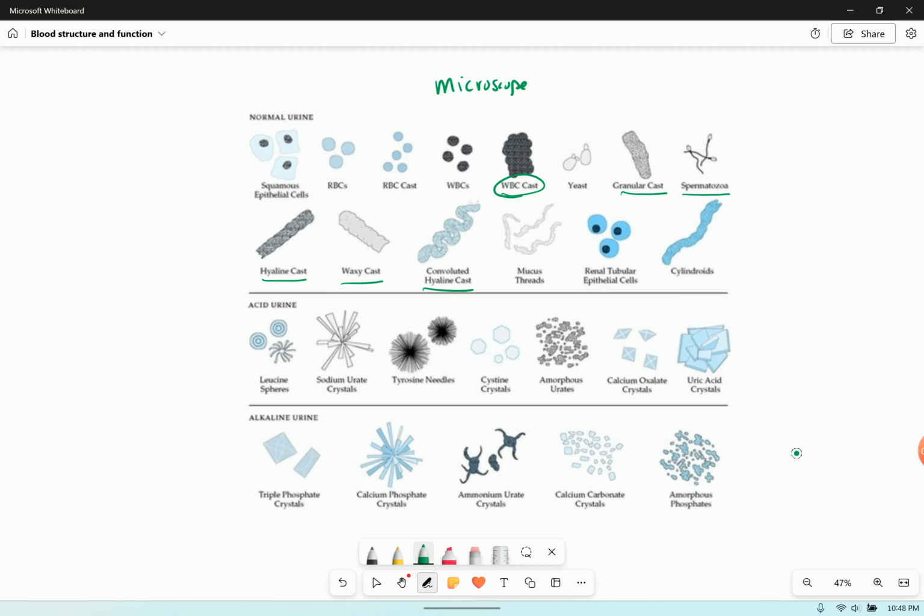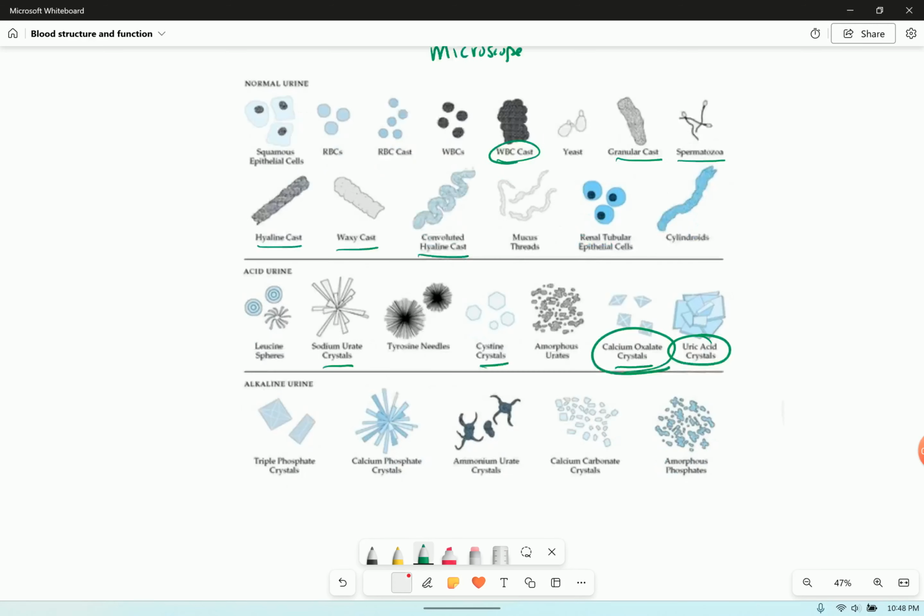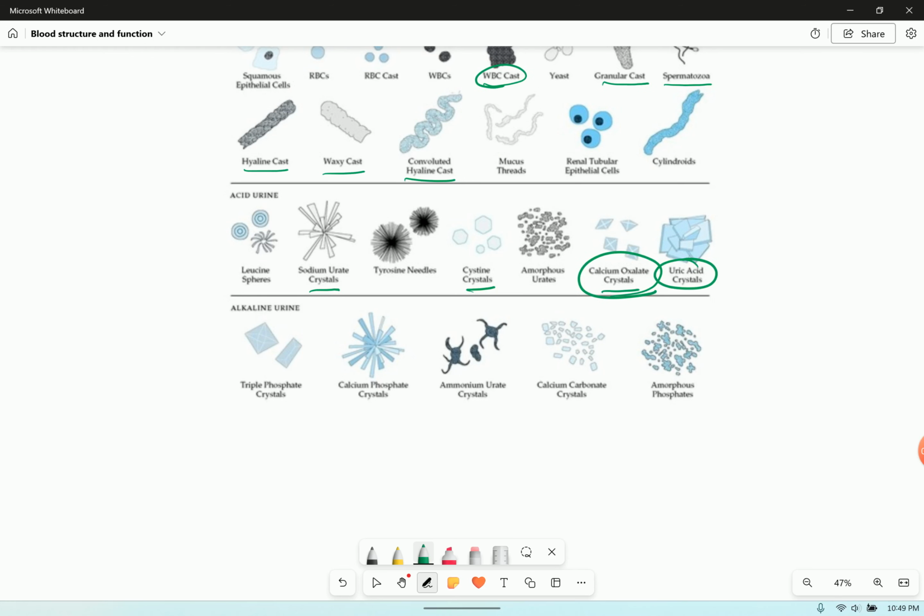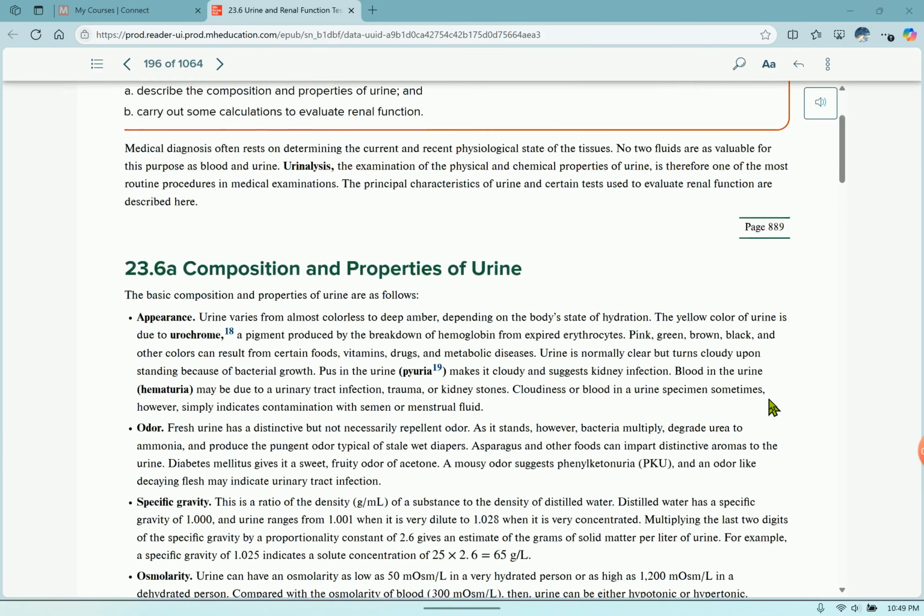It's just looking for human tissue that's starting to spill into the urine. Okay, there can be crystals. This is the most common form of so-called kidney stones, which comes from calcium oxalate. Okay, it can also be uric acid crystals, so that's going to be in the gout family. And so these are some of the things that they look for in a urine analysis, the microscope exam part.